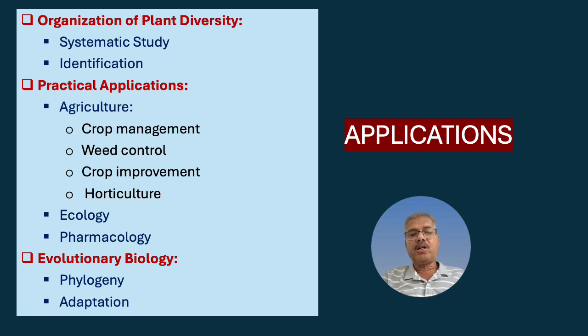The study of dicot and monocot classification contributes to our understanding of plant evolution and the relationship between different plant groups. The differences in their structures reflect adaptations to diverse environments. Studying these differences will help us understand how plants have evolved to thrive in different conditions.